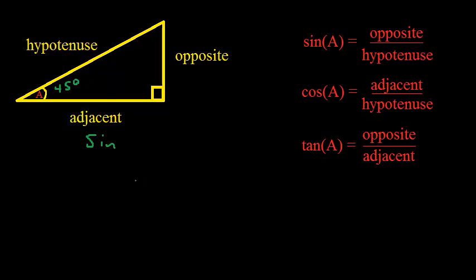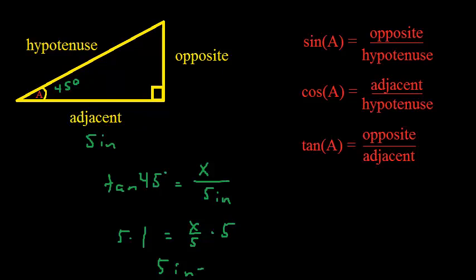Tangent of 45 degrees is equal to the opposite side, we'll call that x, over the adjacent side of 5 inches. The tangent of 45 is equal to 1, which is equal to x over 5. Can multiply both sides by 5 to get x by itself, and I have 5 inches is equal to x. So we find here that the opposite side is 5 inches.